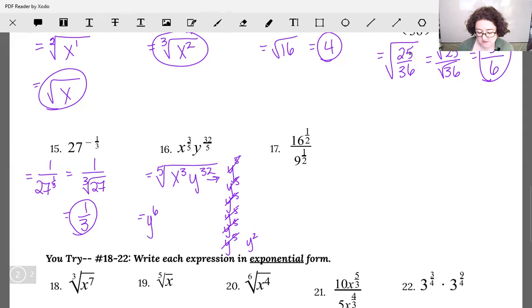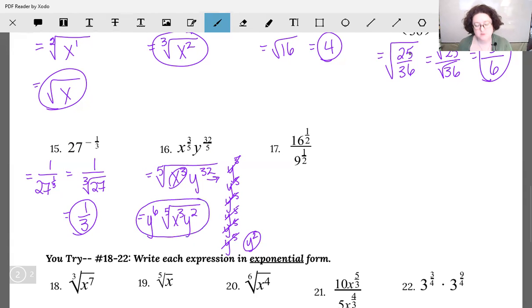Nothing else simplifies out, so I have to keep the x cubed and I have to keep the y squared underneath the radicand. So the 5th root of x cubed y squared. And again, notice I'm being very careful to keep any exponents from those coefficients completely separate from my index so I can clearly read what I'm writing out.